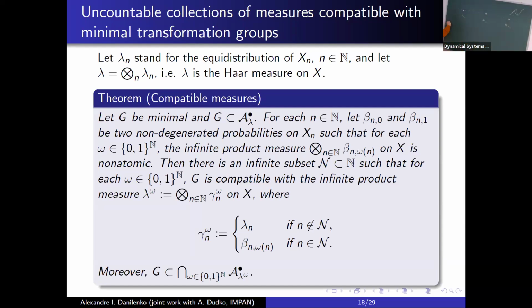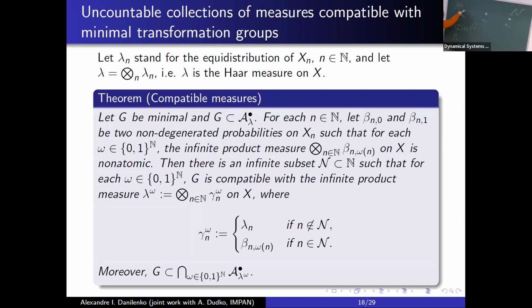And for every sequence omega of 0, 1, we define a measure lambda omega, which is like that. If a point is different from N1, N2, N3 and so on, we just put here the corresponding lambda: lambda 1, 2, and so on.